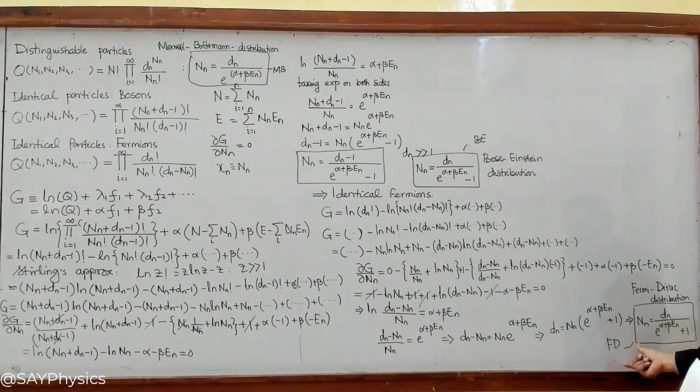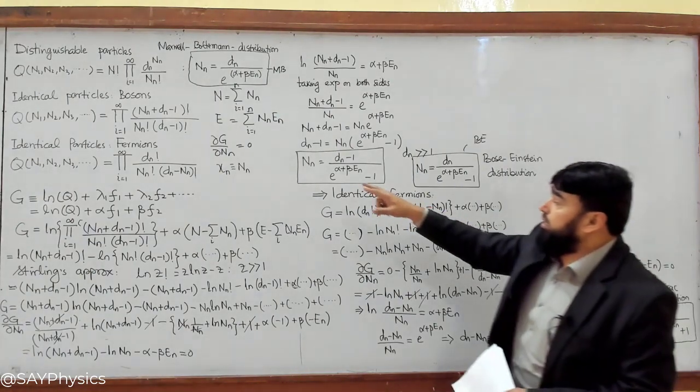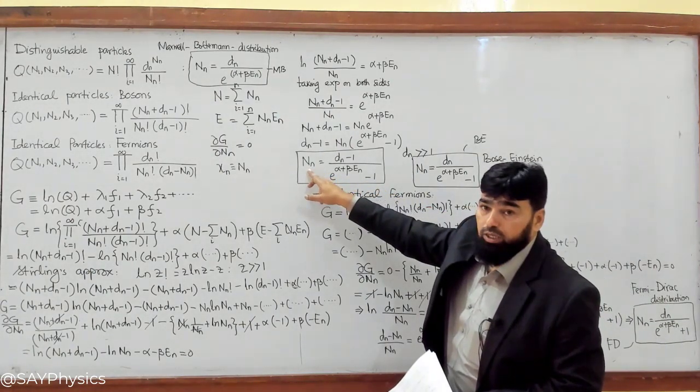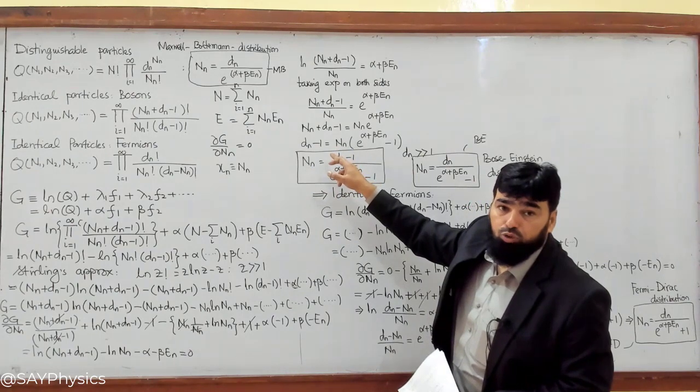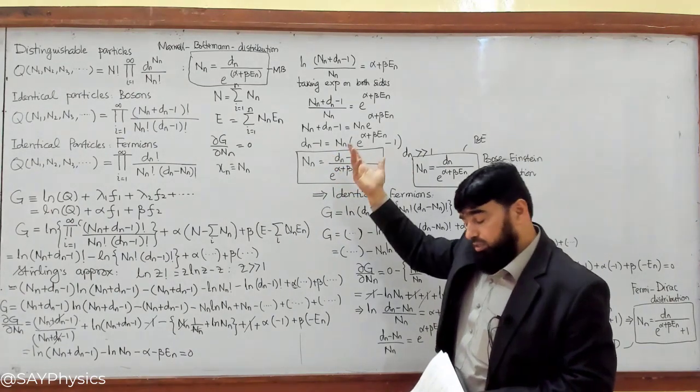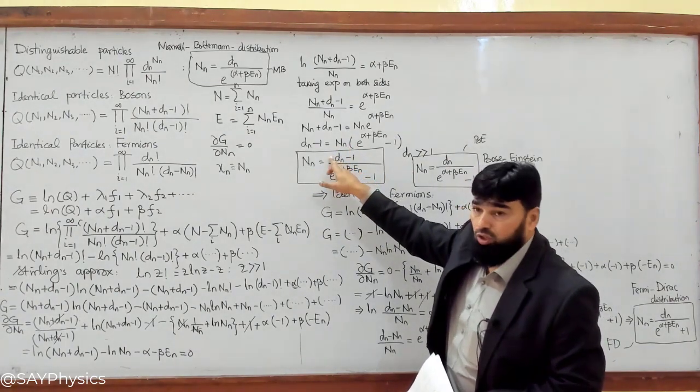Both of these statistics, in the limiting cases, when we consider the number of particles to be very big and the number of states to be very big, these are states, not the density of states.